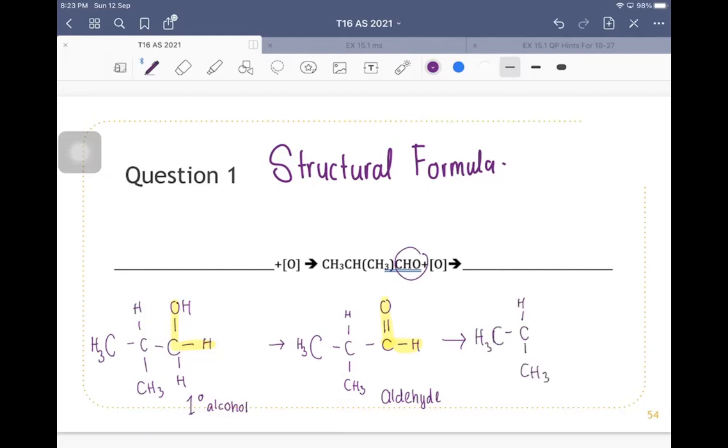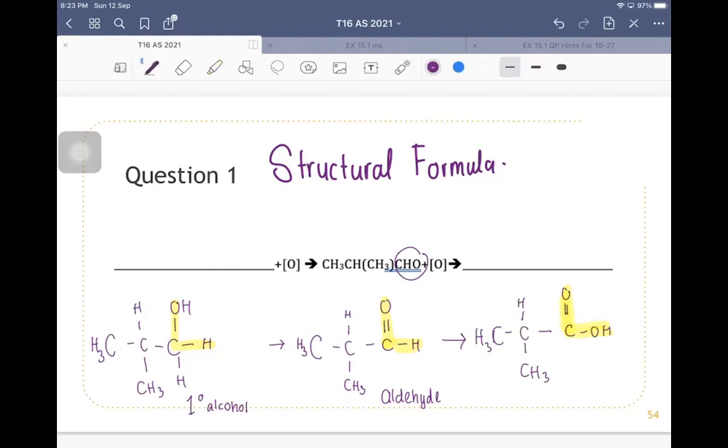Okay, so I've got that part. And from aldehyde, I want to form a carboxylic acid. So I just write down COOH, making sure that I have not changed other parts of the molecule. It's just the functional group that I have changed.